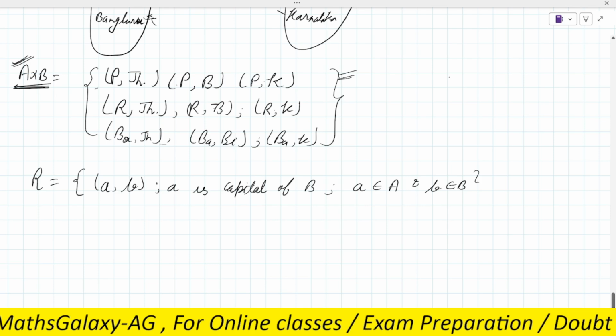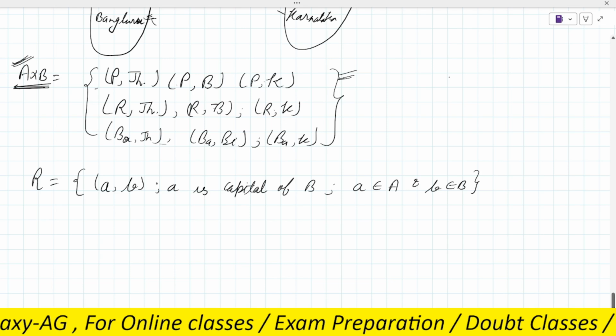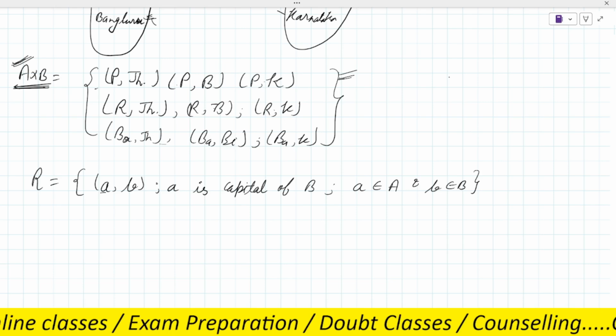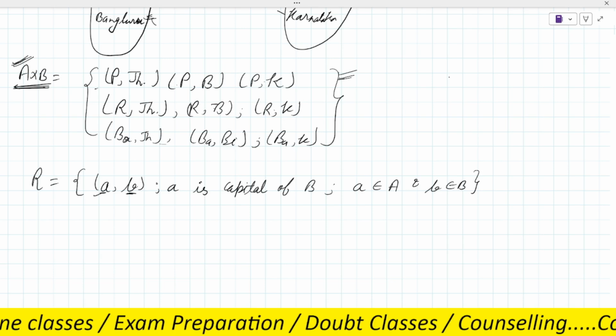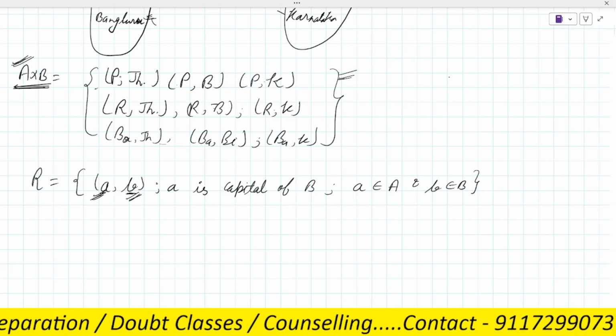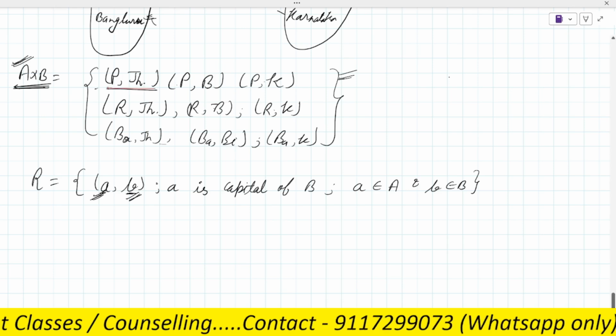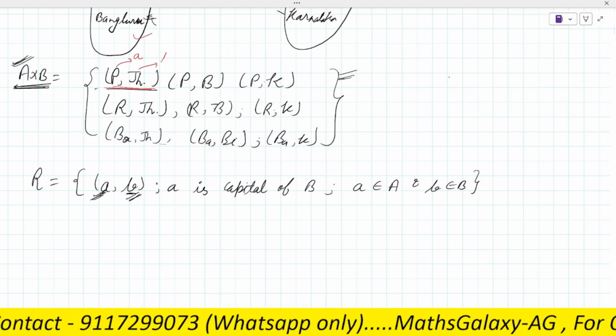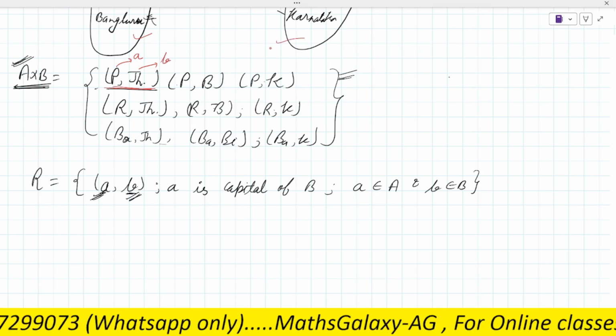Now we will check how many elements hold this relation. This is A and this is B. Here this A will be from set A and this B will be from set B. As an example, this is one of the elements of A cross B. This will act as A, the element from set A, and this one will act as B, from set B. Is it clear?